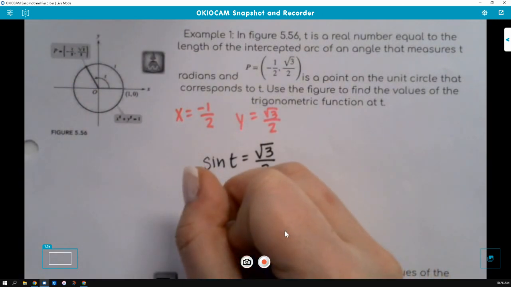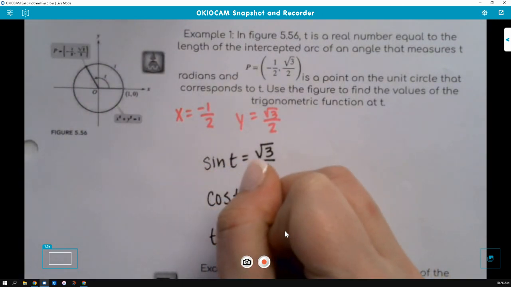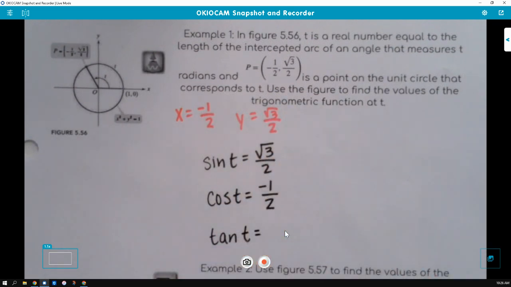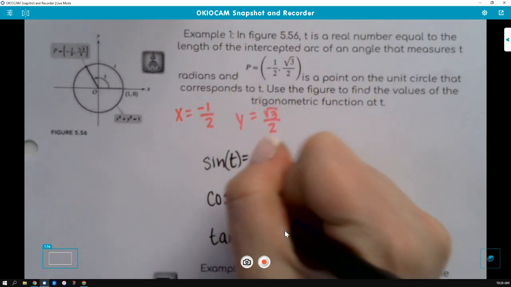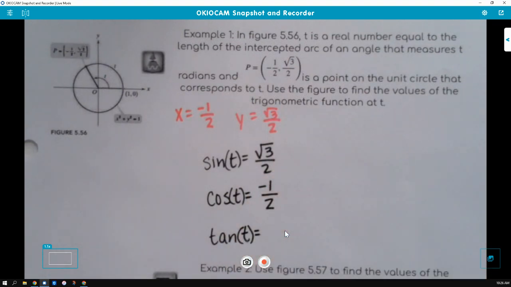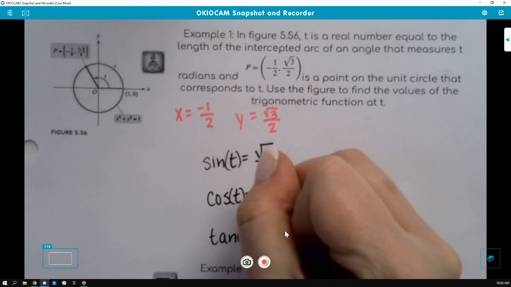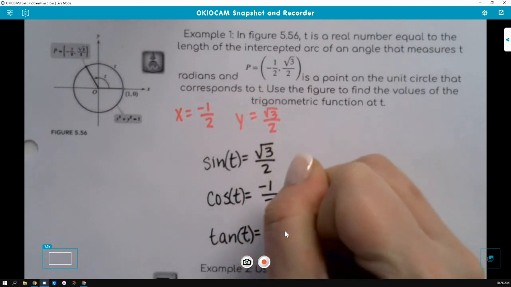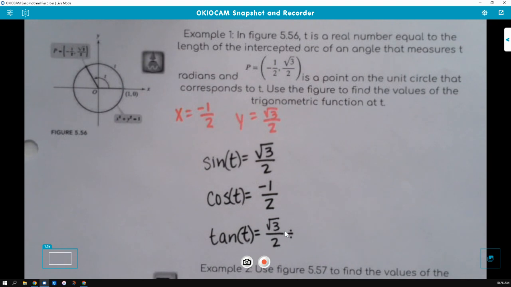Tangent, we'll have to actually do some math. Tangent is y over x. I'm going to put parentheses here because I can't write in italics like they can. Tangent is y over x. So that's going to be square root of 3 over 2 divided by, because that's what over means, negative 1/2.